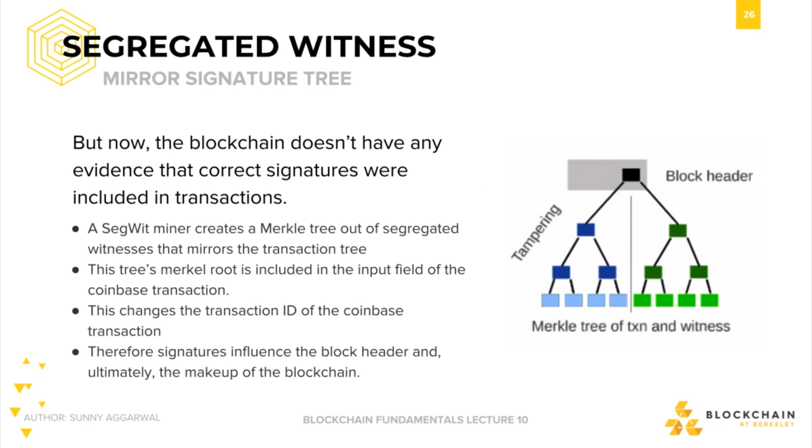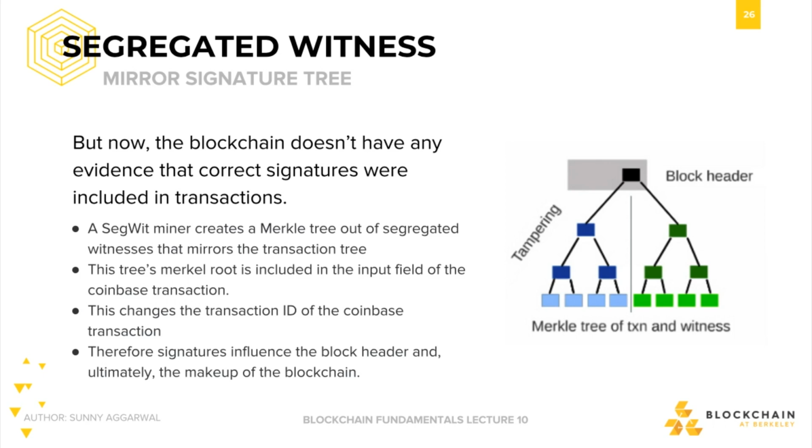So one question you might have is, if we completely get rid of signatures, how do you verify these transactions are valid? Well, one thing you can do is, just as you create a Merkle tree of transactions, you can mirror that Merkle tree and create a corresponding Merkle tree of SegWits or signatures of those corresponding transactions.